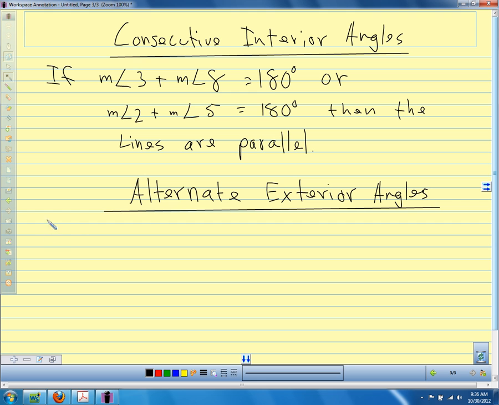And we're going to say that if angle 1 is congruent to angle 7, alternate exterior angles, or angle 4 is congruent to angle 6, then the lines are parallel.